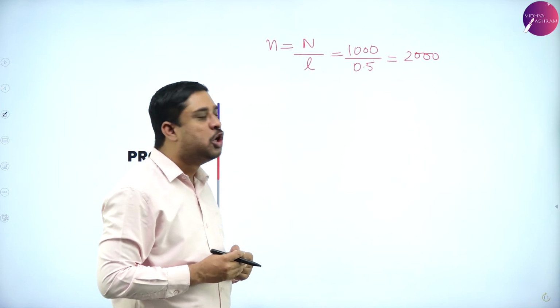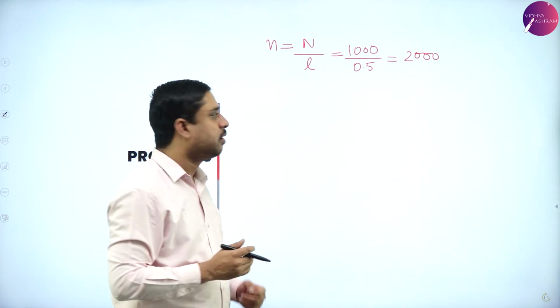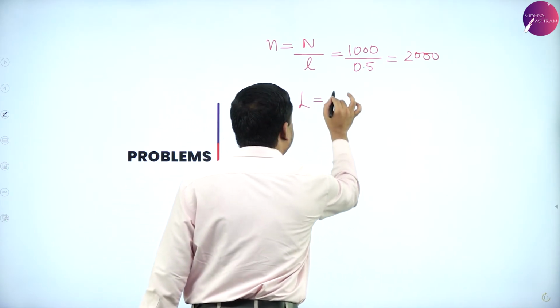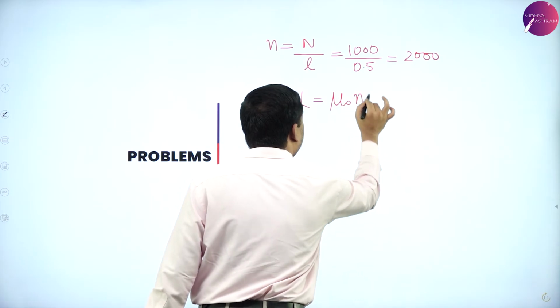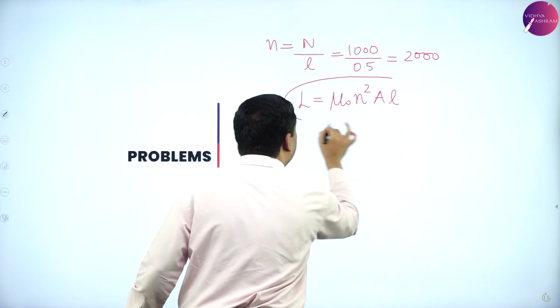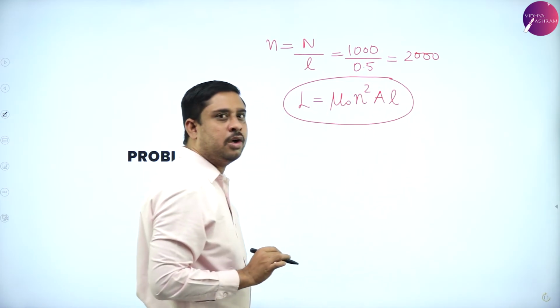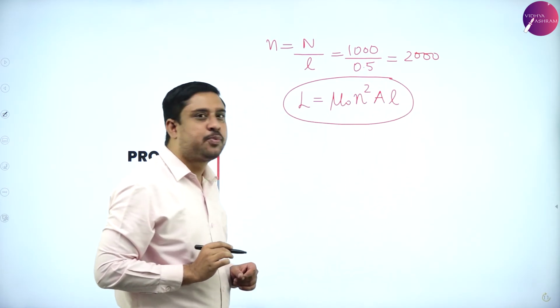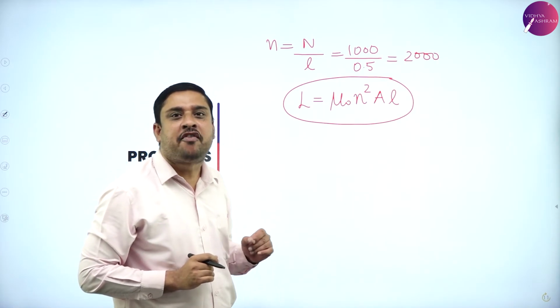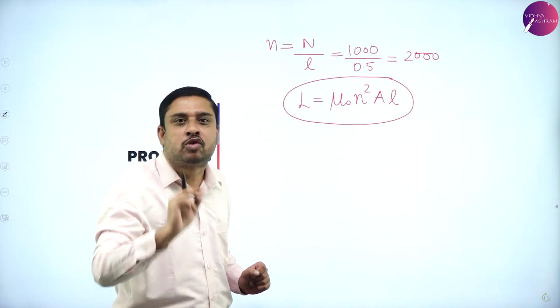So you have 2000. Now, what is the expression for self-inductance of a solenoid? Mu naught n square A into L. So this is the expression for self-inductance of a solenoid.